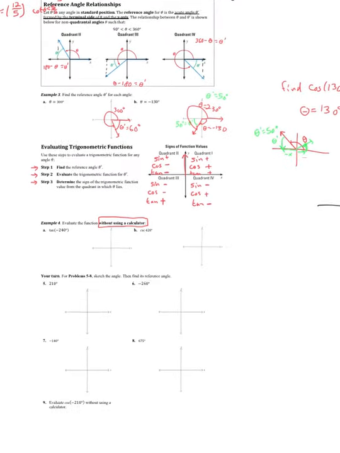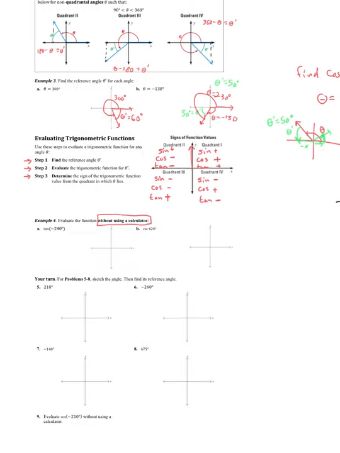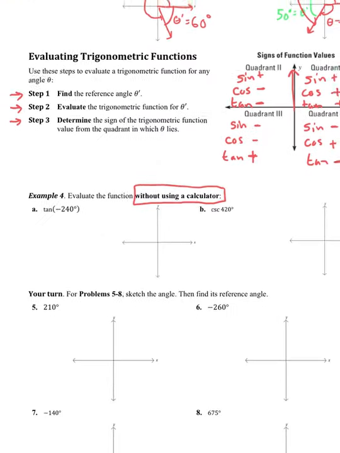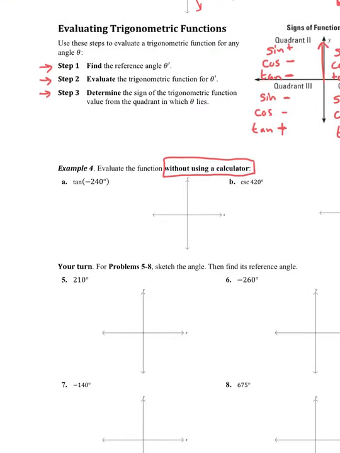In these types of problems, when it says evaluate the function without using a calculator, we're going to use the unit circle. So we're going to imagine a radius of 1. What we do is we do tangent of negative 240 degrees.